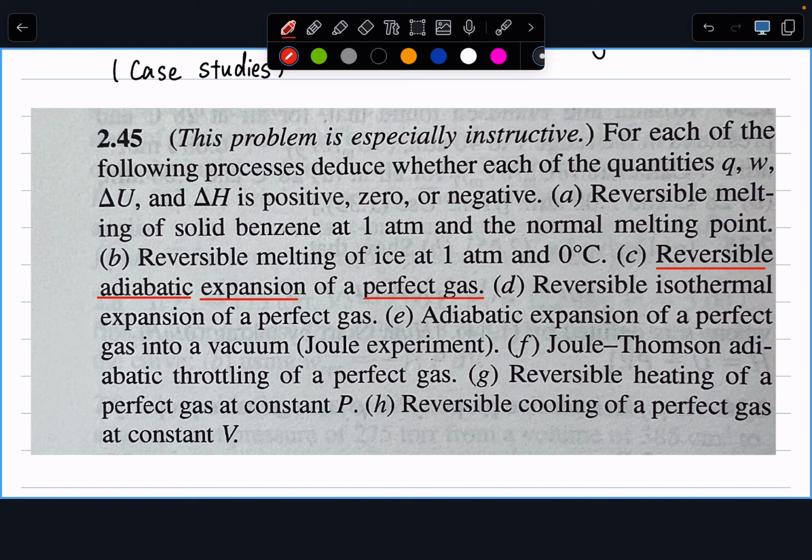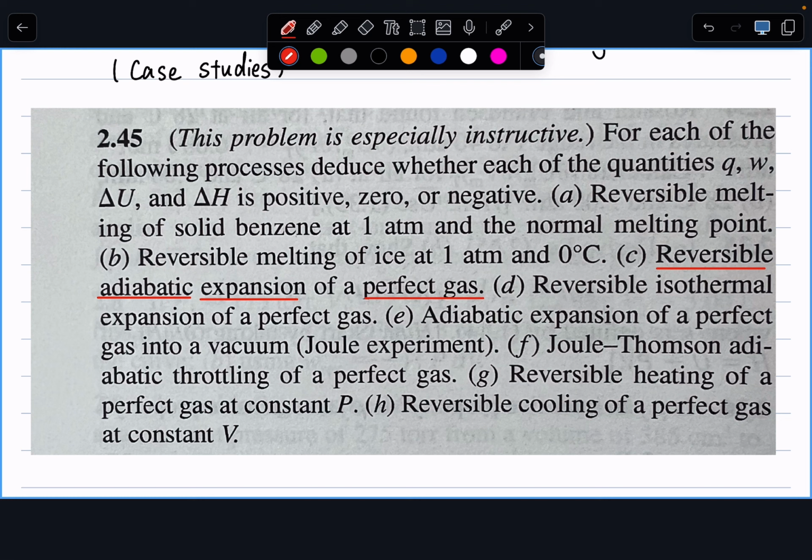All right. You can also approach this problem by using the equation we derived. Remember, for the reversible adiabatic process of an ideal gas, we derived that T2 over T1 equals V1 over V2 to the power nR over CV.